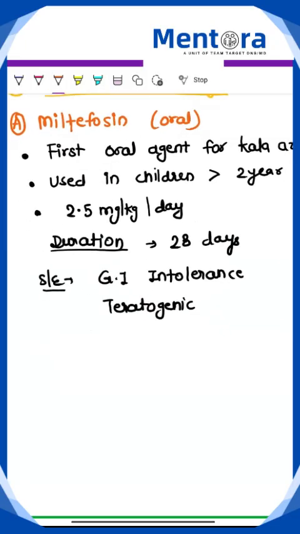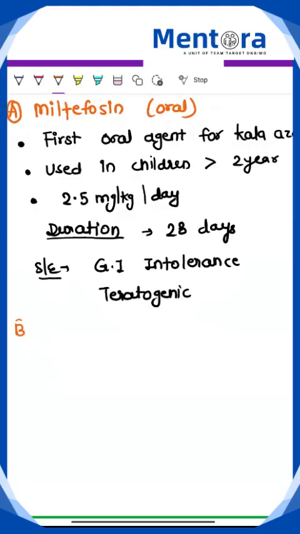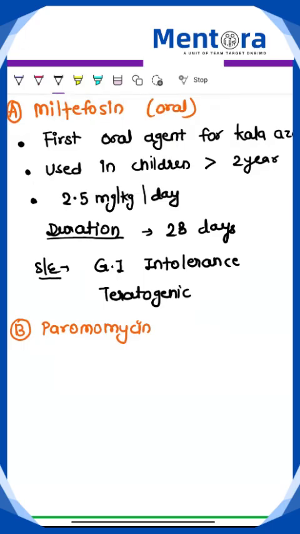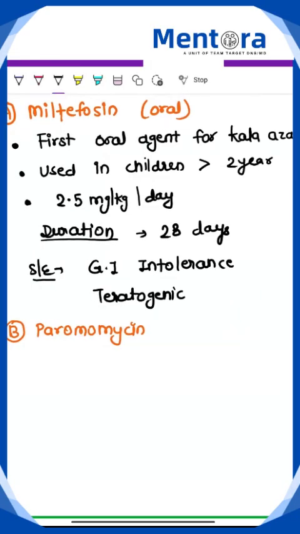The second alternative therapy is paromomycin. This is the IM, intramuscular therapy.